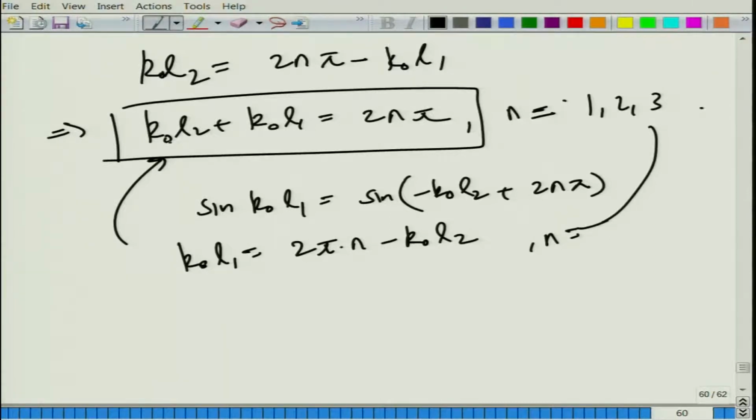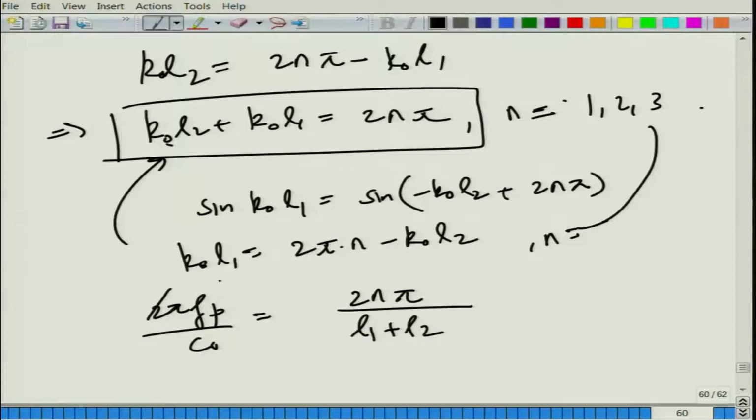So, the frequency corresponding to this is easy to work out. This is 2 pi f_p over C naught, and this is 2n pi into L1 plus L2. So, 2 is cancelled and so is pi, giving you f_p equal to C naught over n times L1 plus L2.